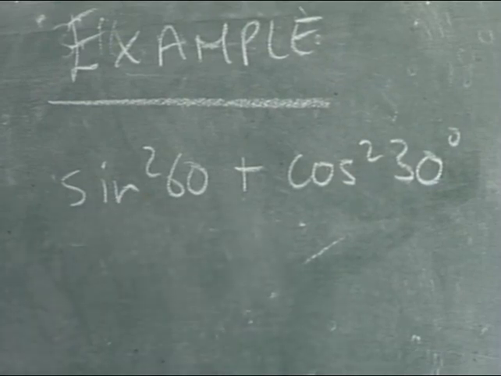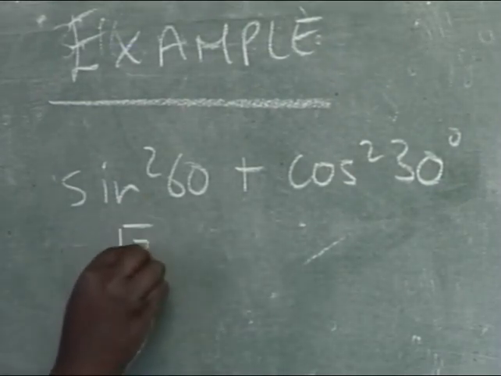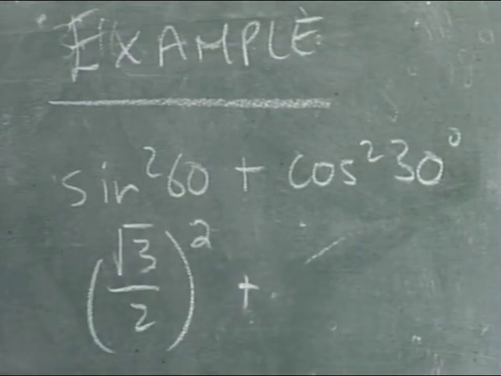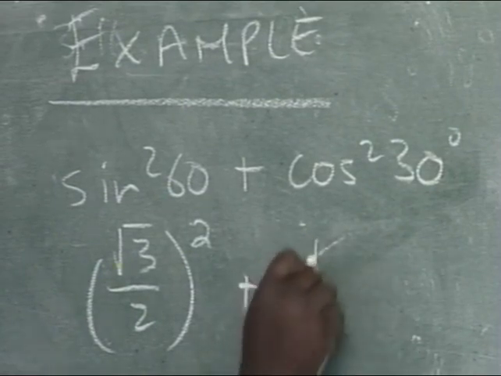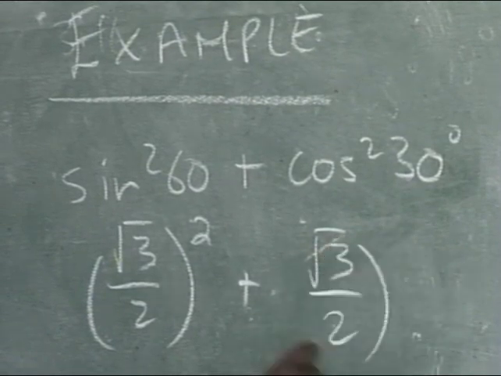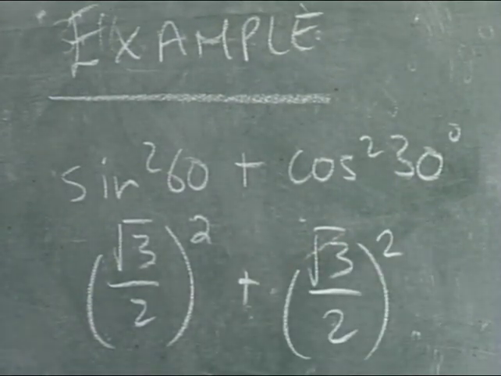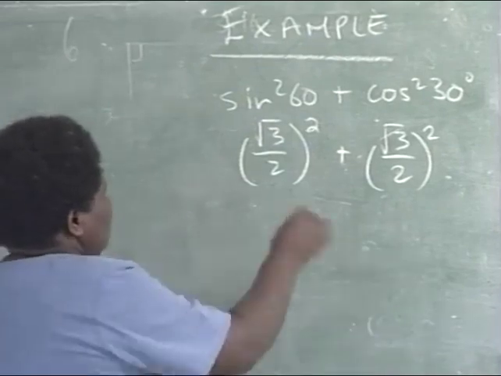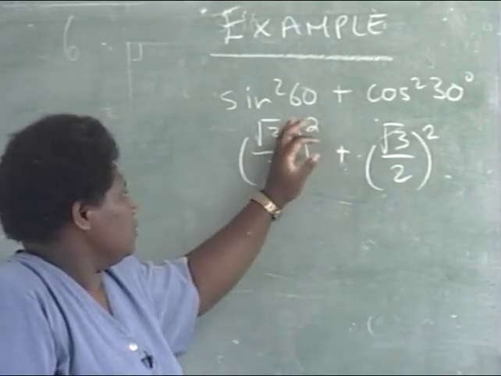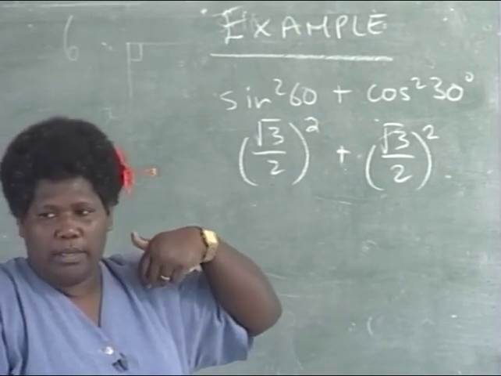Okay, sine of 60 we know is root 3 on 2. So root 3 on 2 squared plus cos of 30 is also root 3 on 2, squared. Root 3 on 2 squared plus root 3 on 2 squared. Okay, what's the answer for root 3 on 2 squared?